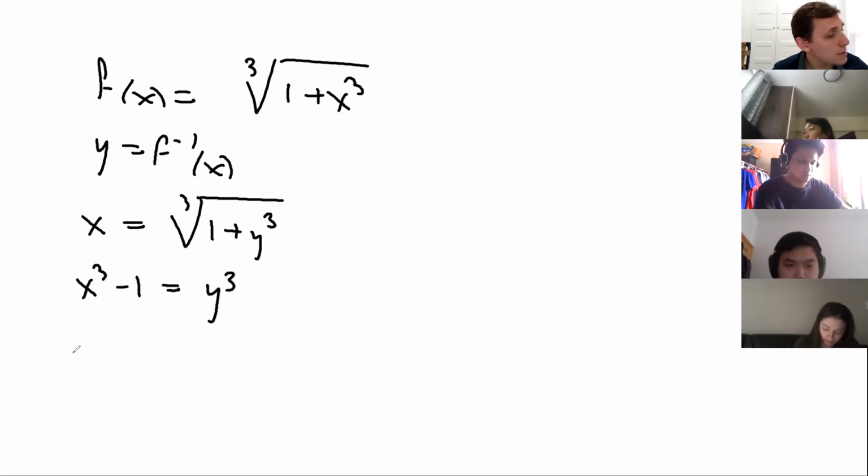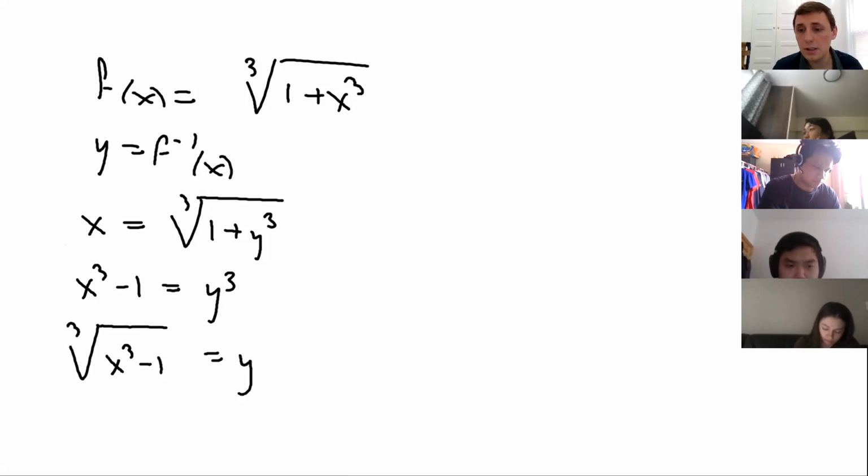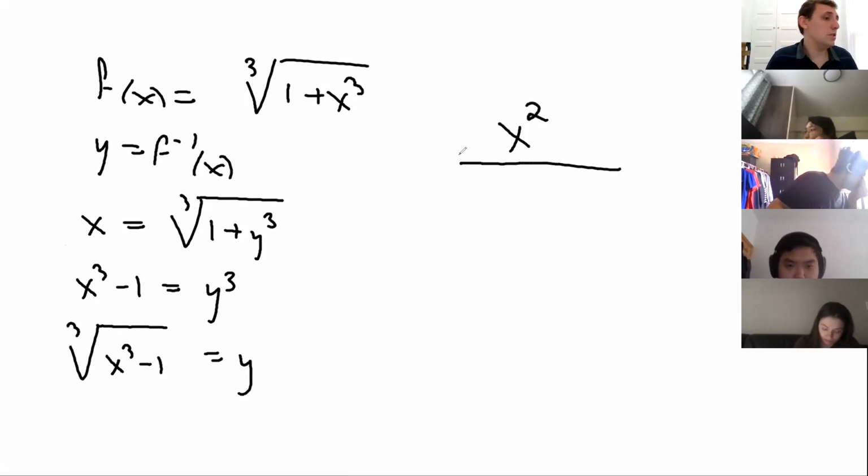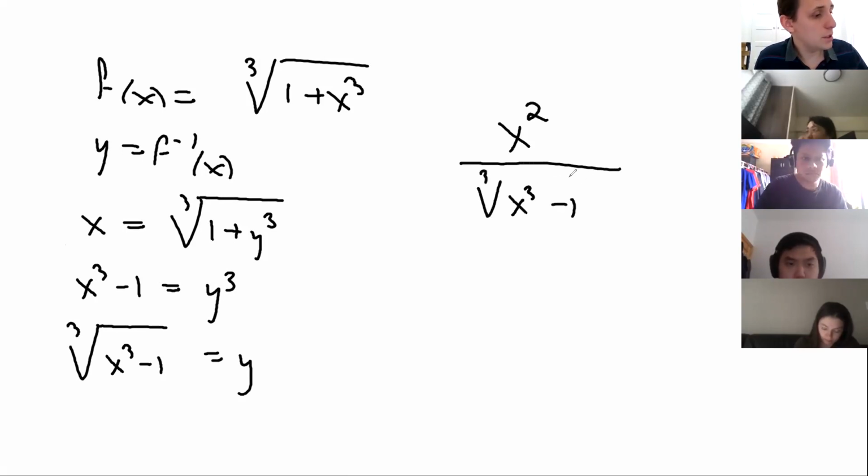So y is equal to the cube root of x cubed minus 1. So if I want to simplify it further, the derivative is x squared, and in the denominator I have the cube root of x cubed minus 1 to the power of 2.